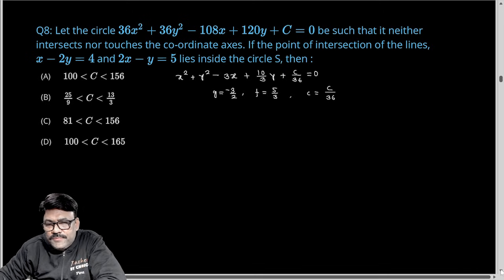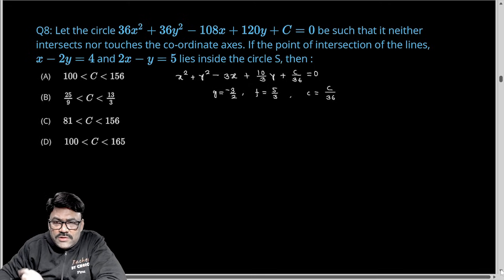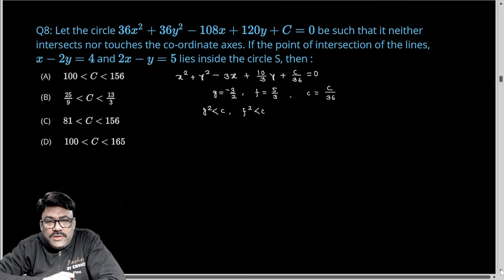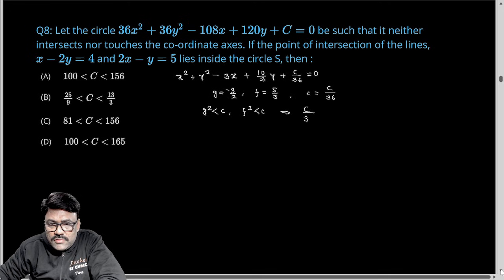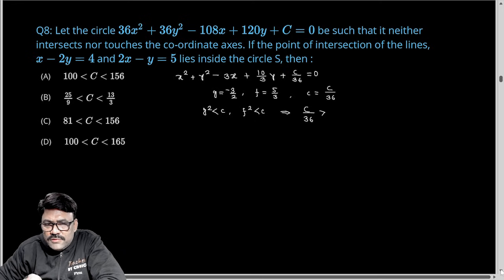Since the circle neither touches nor cuts any of the axes, g square should be less than c, f square should be less than c. If the circle neither touches nor cuts the x axis, then g square is less than c. Neither touches nor cuts the y axis, then f square is less than c. And c is what? Capital C by 36. So it must be greater than g square and it must be greater than f square. G square is 9 by 4. F square is 25 by 9.